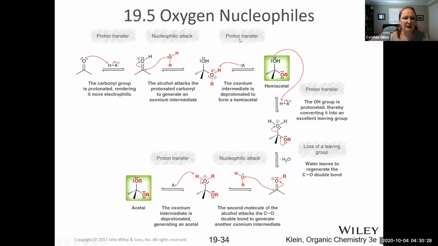Our intermediates should either be neutral, right, such as this one, or have a positive charge, for example, this one. Do you see any intermediates that have a negative charge? The answer is no, right? That is typically not consistent with mechanisms under acidic conditions. So that's something we want to pay attention to.